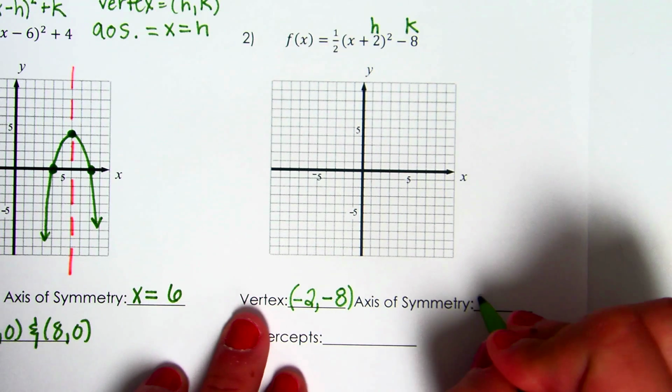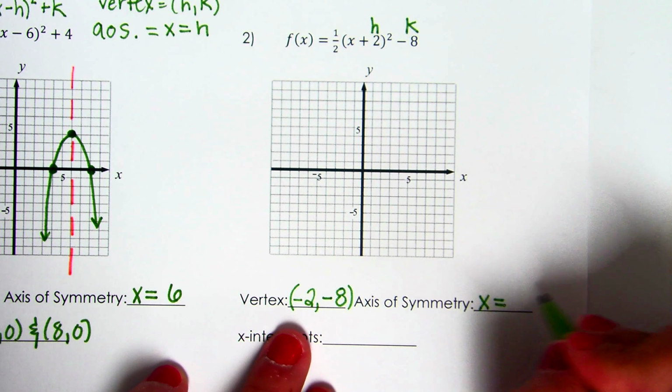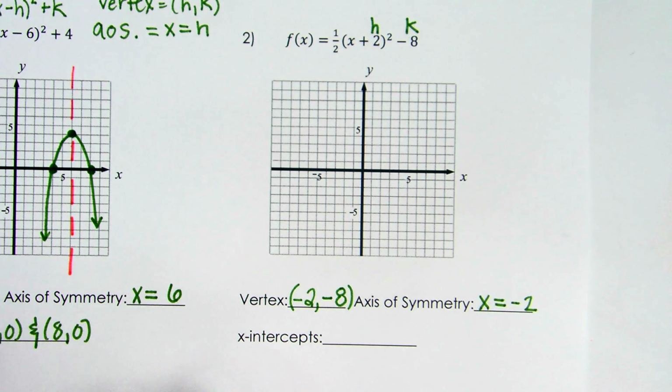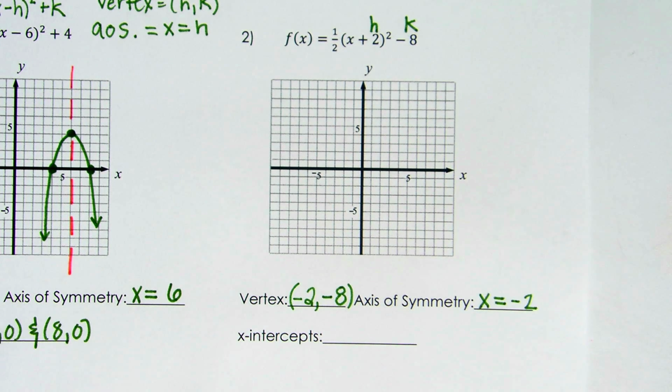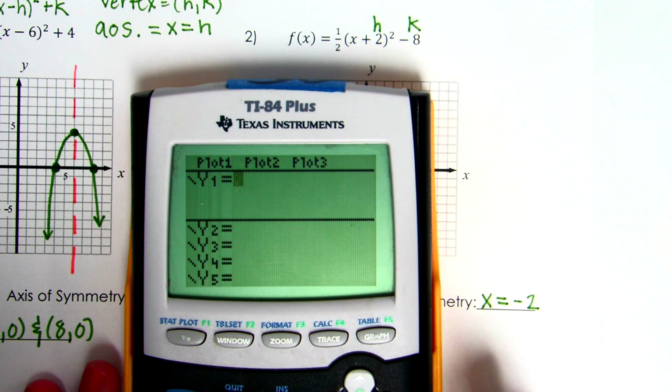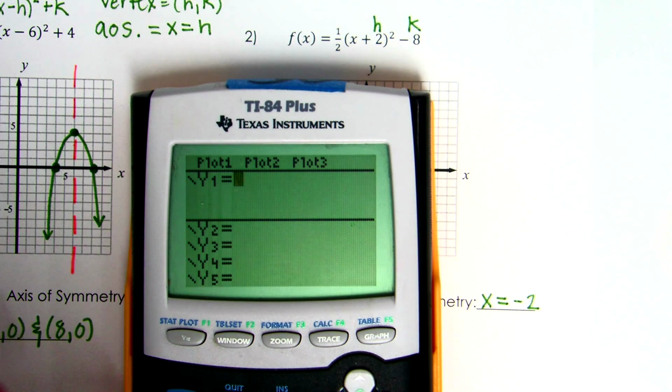My axis of symmetry, x equals, same as the x of the vertex, negative 2. And I'm going to use my calculator again to get my x-intercepts. So alpha y equals 1 gives me a fraction, 1 over 2, parentheses (x plus 2) squared minus 8.